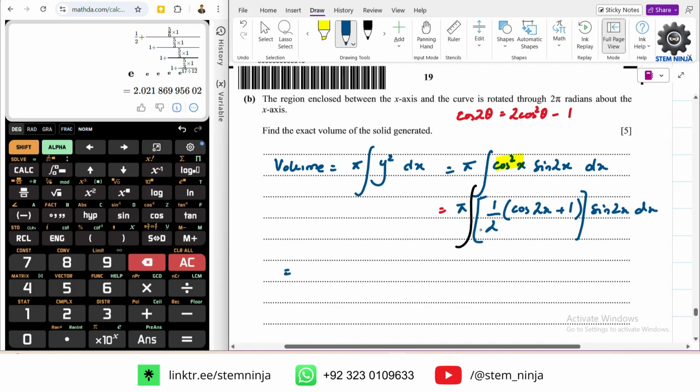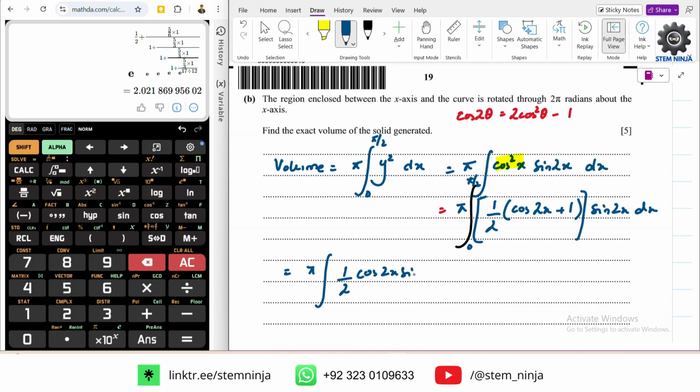So when we multiply this inside, you have 1 over 2 cos 2x sine 2x plus 1 over 2 sine of 2x, dx.